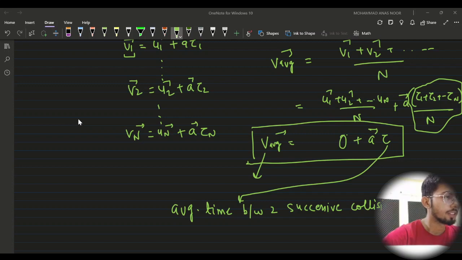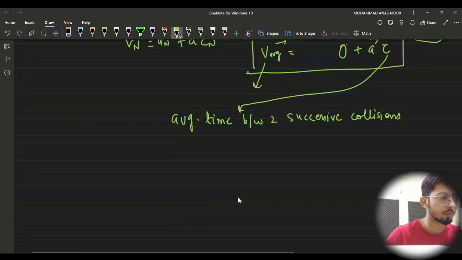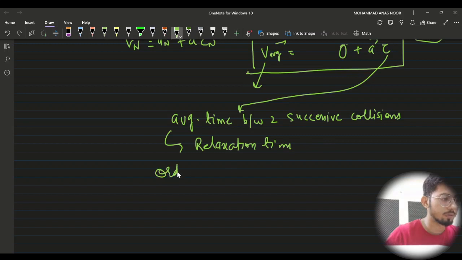This relaxation time is very small, of the order of 10 to the power minus 14 seconds. Very, very small.